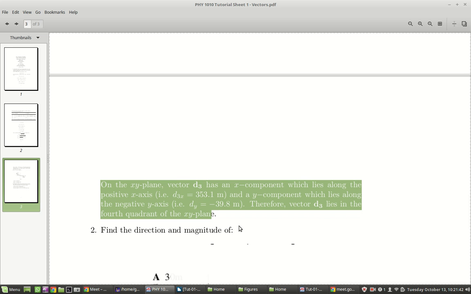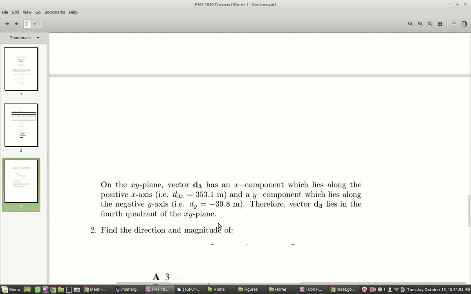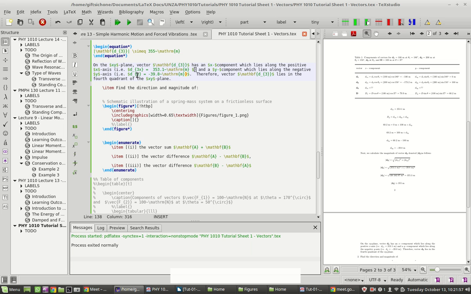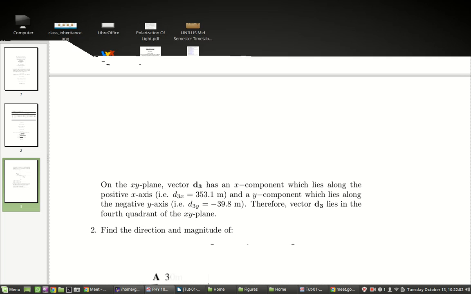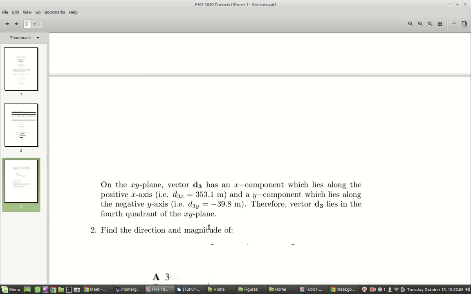The x component of vector D3 lies along the positive x-axis. The y component of vector D3 lies along the negative y-axis. Therefore, D3 should be in the fourth quadrant. Is that clear? I can't make a sketch using this computer, but you can try to make a simple sketch. If this is true, then we can work.